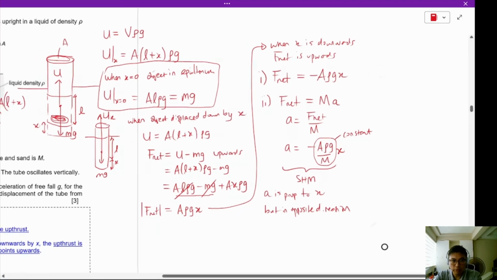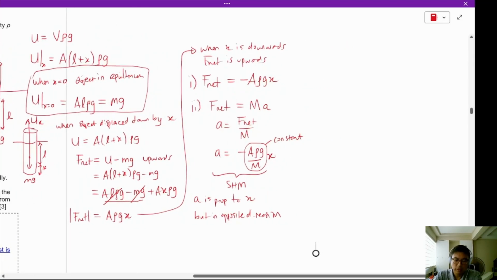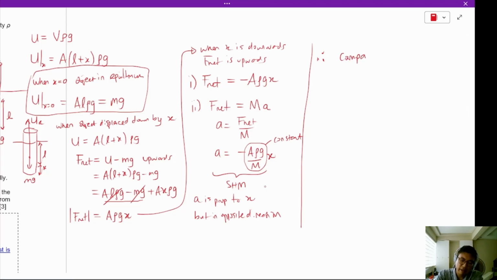So what do we need to do now? Let's take a look. If you compare the two SHM equations, a is minus A rho g over m times x, and a is equal to minus omega squared x. It shows you that omega squared is equal to A rho g over m.